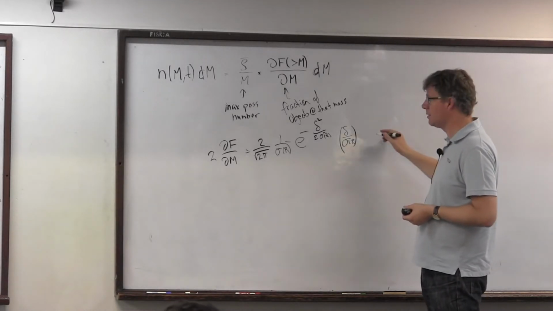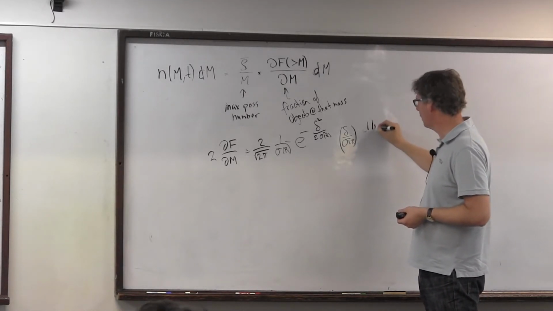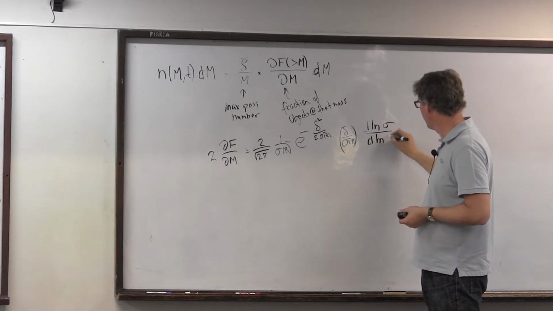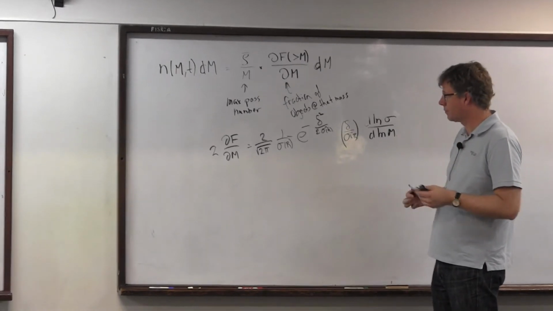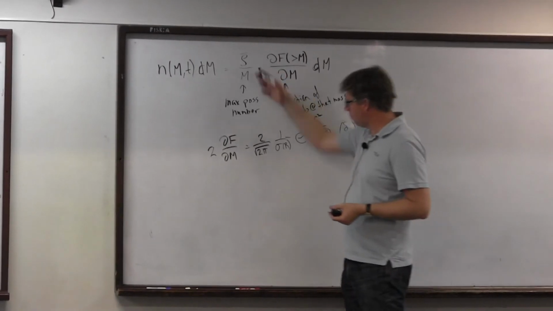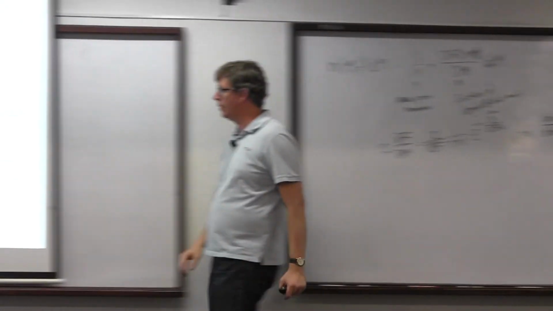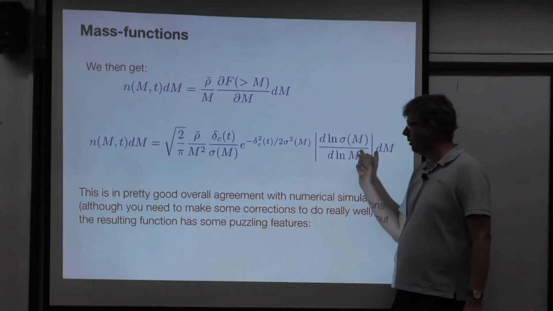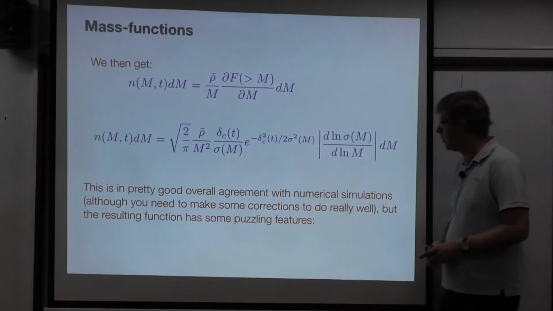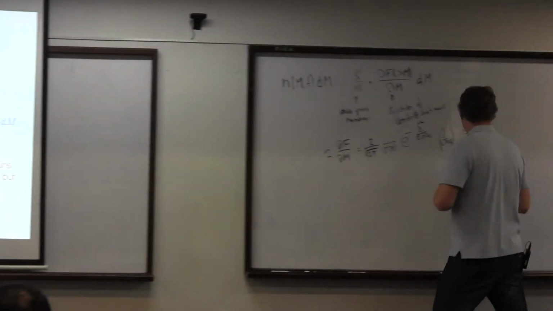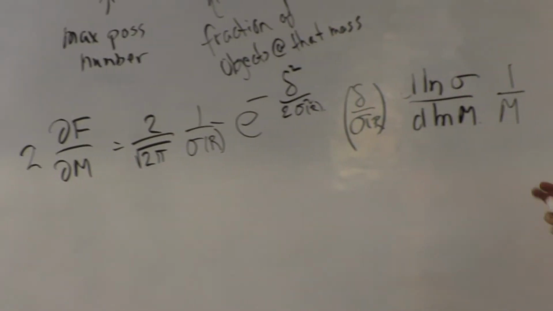Oh, it's the d sigma, that's this one, d ln sigma over d ln m. And then you multiply that by the rho over m, and you get this expression here, which is the Press-Schechter mass function. Oh, sorry, there's a 1 over m missing here. So 1 over m here.